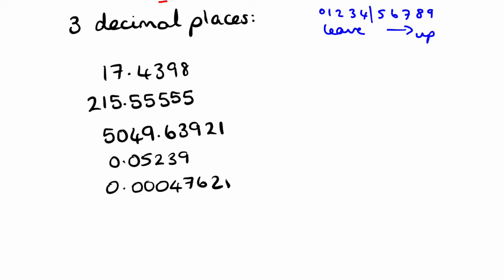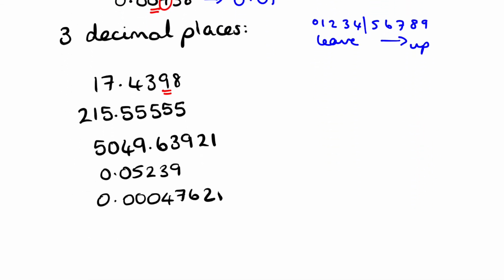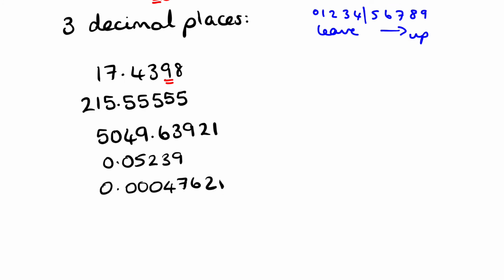So 3 decimal places. So we need to count now. 1, 2, 3. So it's that 9 there that's in the third decimal place at the moment. Now you might notice that these are the same digits, same numbers, to start with, as we had to 2 decimal places. Okay. So we're rounding to 3 decimal places.